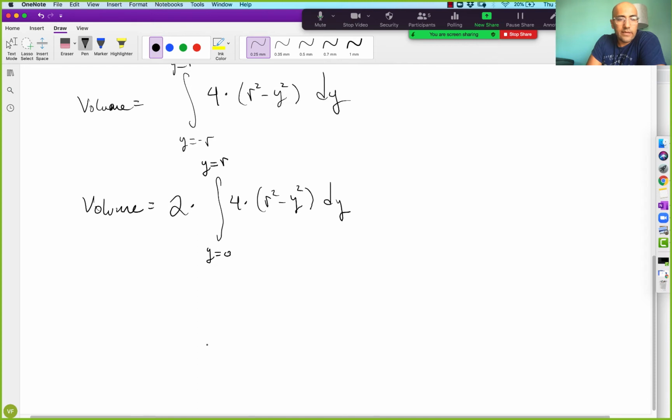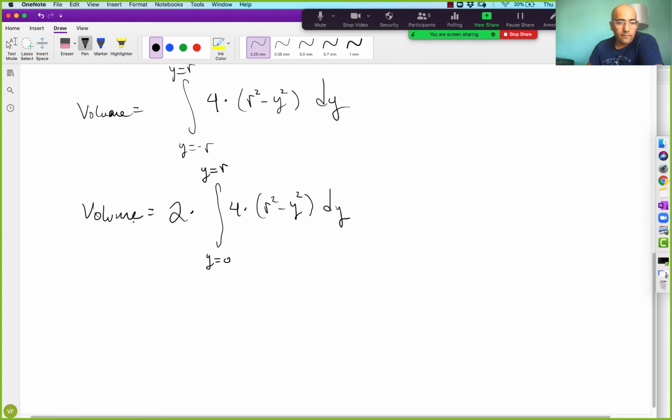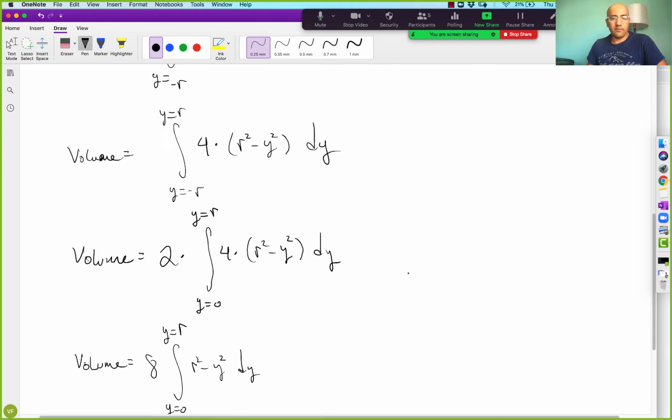So I end up with the volume equals 8 times the integral of r squared minus y squared dy. And again, y goes from 0 to r. And simplify that over here then.